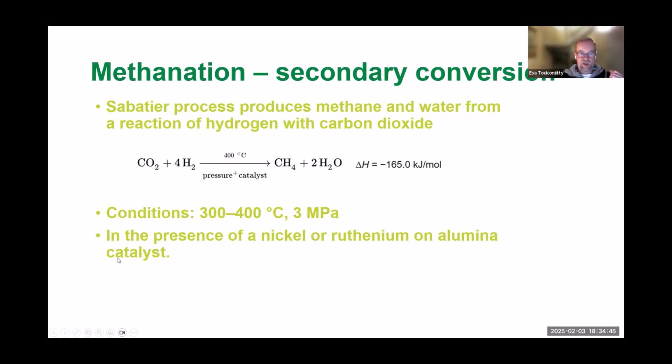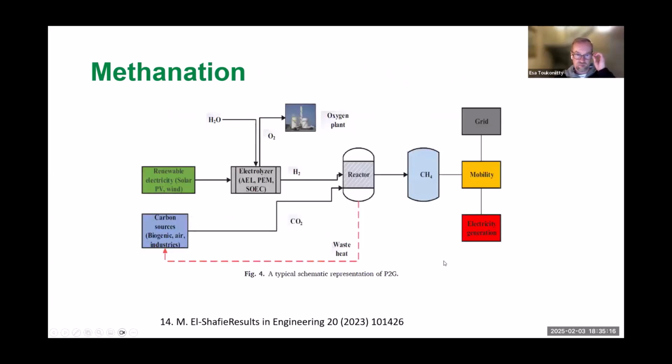Certain grades of alumina also have acid functionalities, but I'm not sure if the Sabatier process catalyst has some acidic alumina. But in the course materials, there is an article, I think, that deals with this process, so you can check what other details have been published about this reaction.